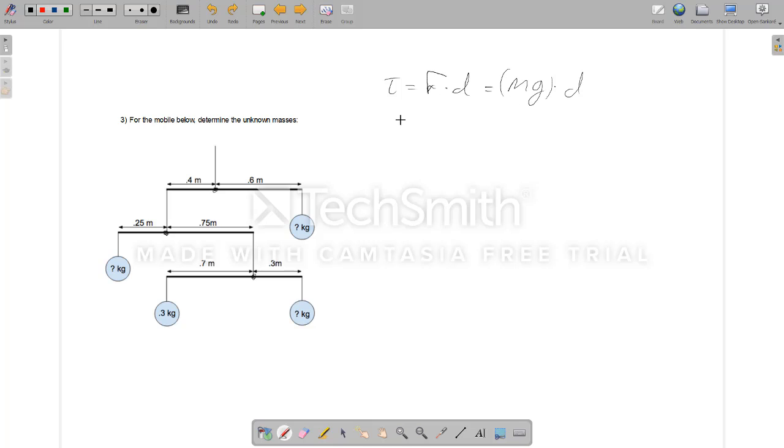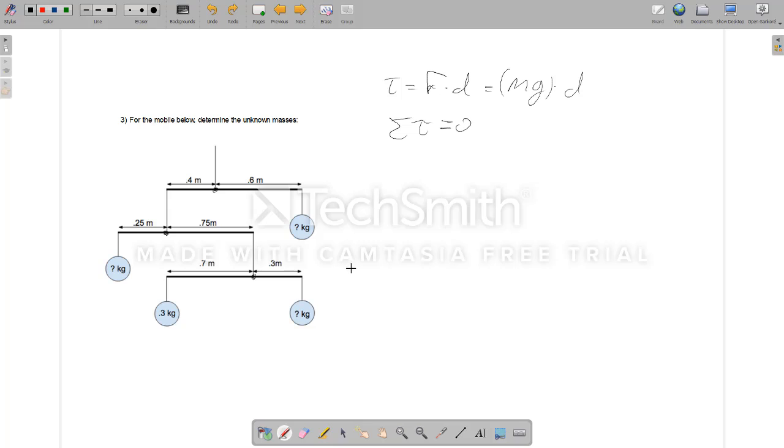So anyway, the next thing we need to remember is that in order for an object to be in equilibrium, like this mobile is, the net torque has to be 0. That means that the torque on one side is equal to the torque on the other. Or the other way of talking about it is that because the net torque is equal to 0, any torque that is in one direction will be positive, and any torque that is in another direction will be negative, that we determined ahead of time.